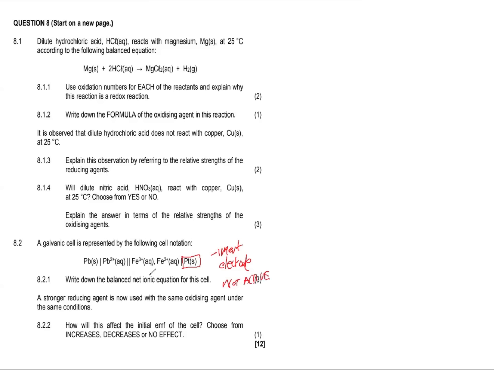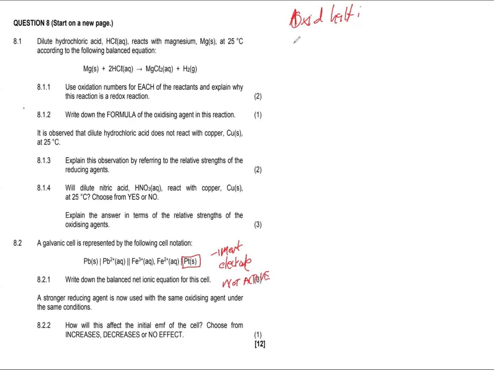So when we write the balanced net ionic equation, it will simply be for the Pb and the ion there, right? Already from the cell notation, we can see that this is the anode and this here is the cathode. So to write down our balanced equation, let's start with our oxidation half reaction.